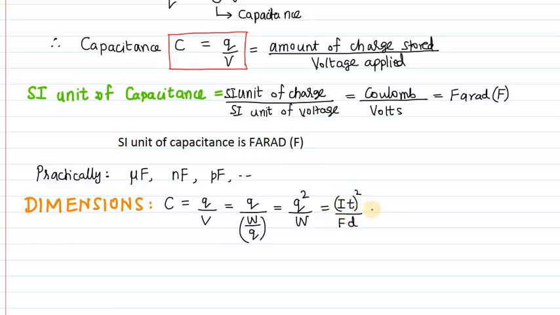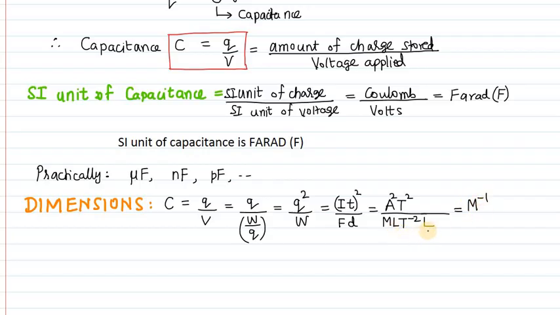Now we know the dimensions of these things. Dimension of current is A, dimension of time is T. So we get A square T square divided by the dimension of force, which is M L T power minus 2, because force is mass into acceleration. Mass is M, acceleration is L T power minus 2. And D means distance, so its dimension is length L. Finally we get M to the power minus 1.